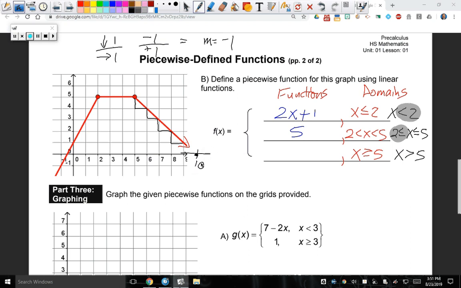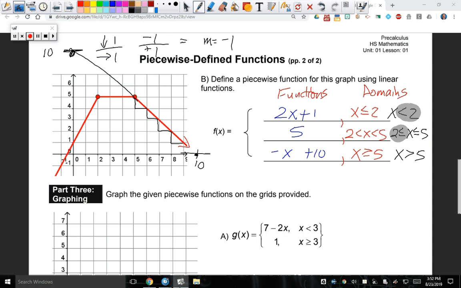And because this has a slope of negative 1, it will also go all the way from 10 down to 10. Okay? So what this function should have been is a y-intercept at 10, but a slope of negative 1.